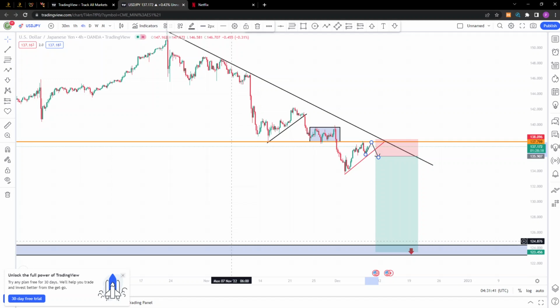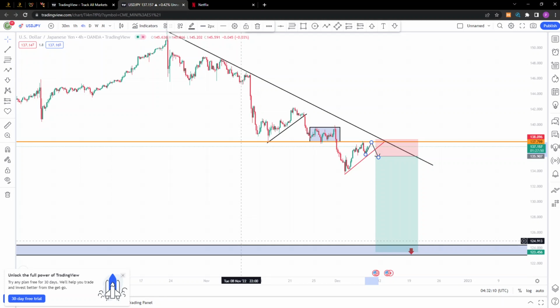Let me increase this brightness a little. Right. The first is price. Price is forming, because it's not done yet, but I have already identified it and I know it.